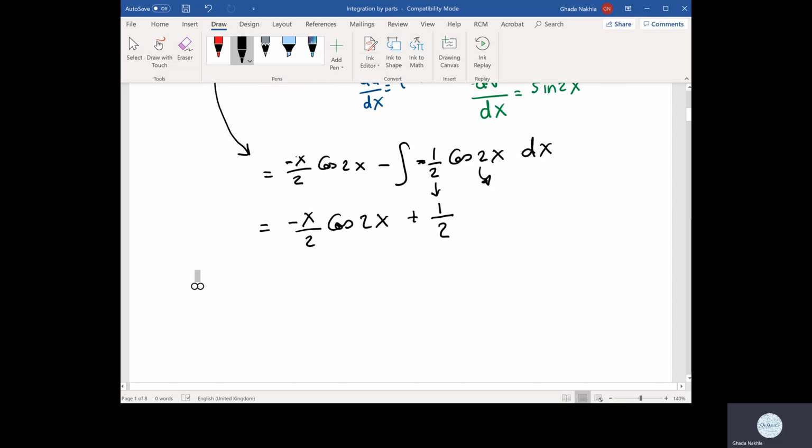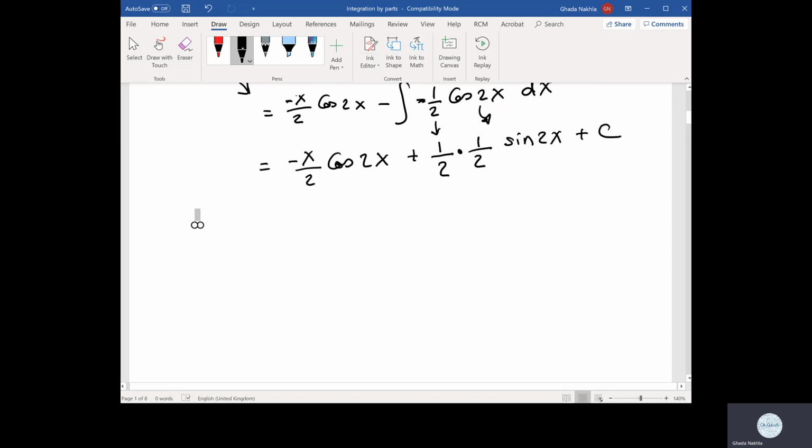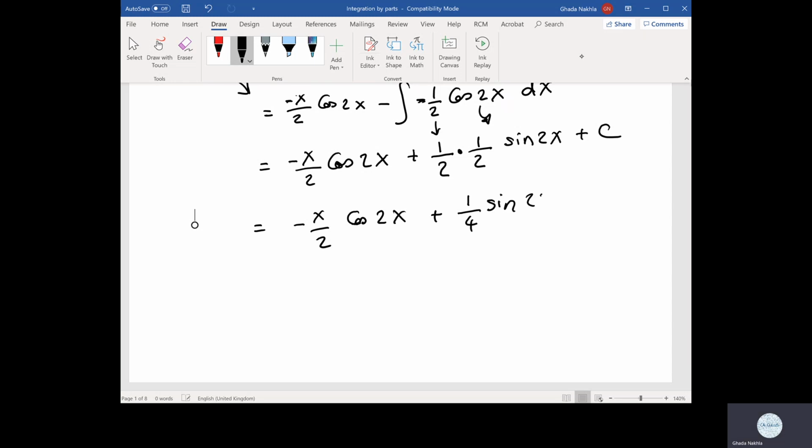So you're integrating cos kx, so you are going to get 1 over k sine kx plus c. And then we can tidy this up a little bit, so it's minus x over 2 cos 2x plus a half times a half, 1 over 4 sine 2x plus c. And let's leave it there.